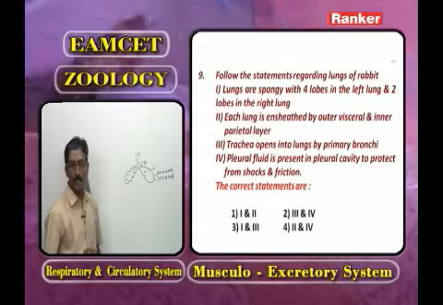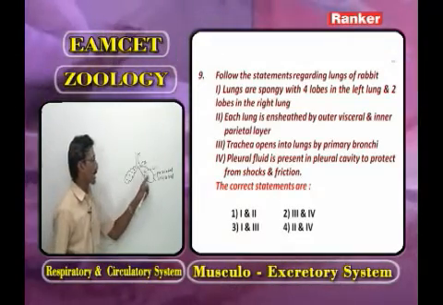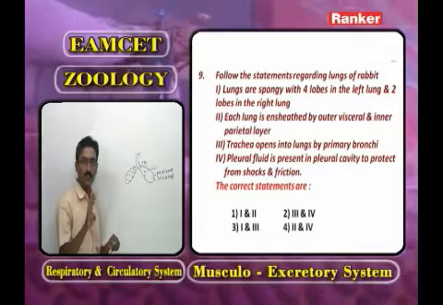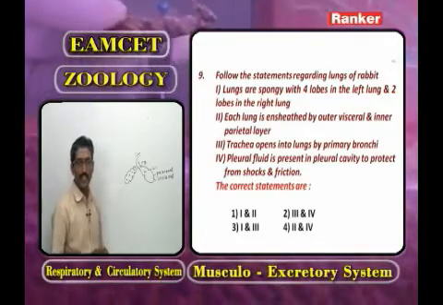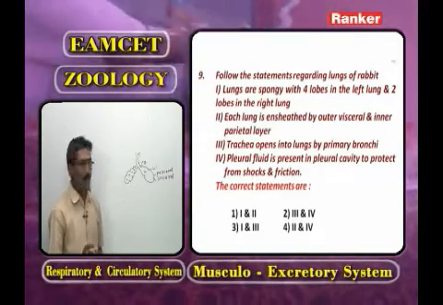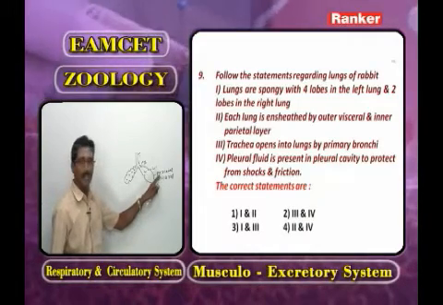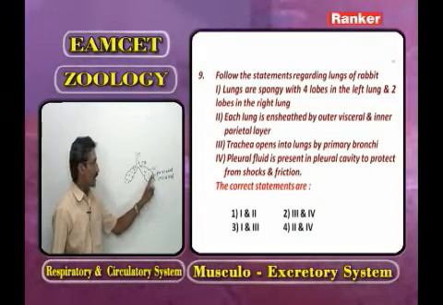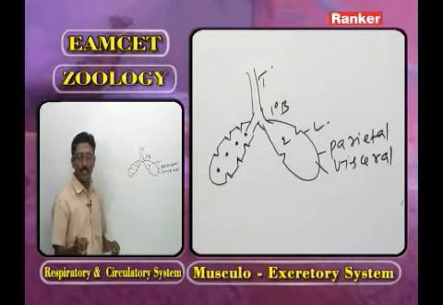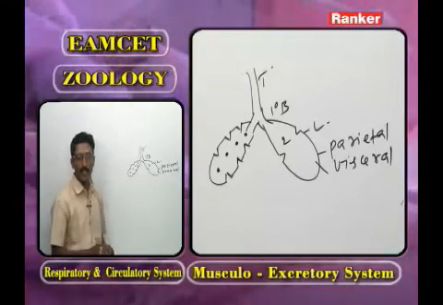Lungs are spongy, no doubt, with 4 lobes in the left. But in the left how many? 2. In the right how many? 4. So the first option is wrong. Second, each lung is ensheathed by outer visceral, inner parietal. But what is the outer one? Parietal. Inner one is visceral. So the second one is eliminated, wrong.